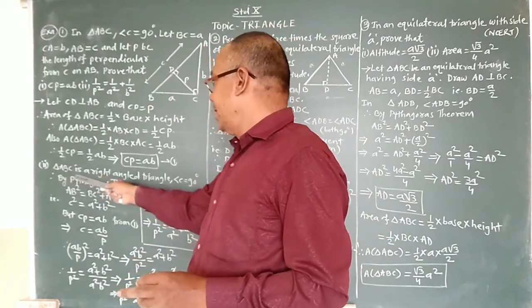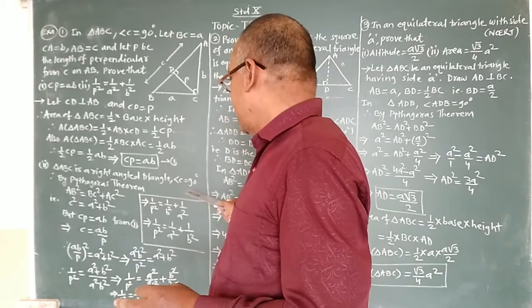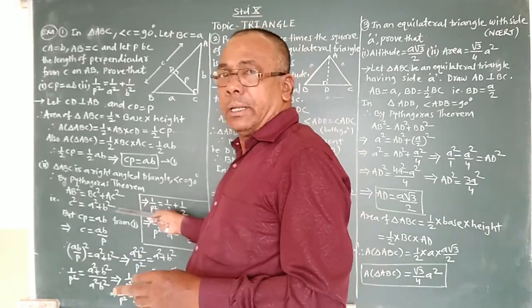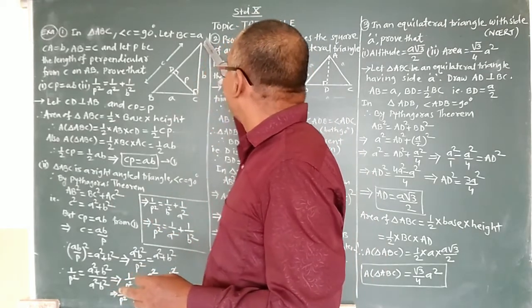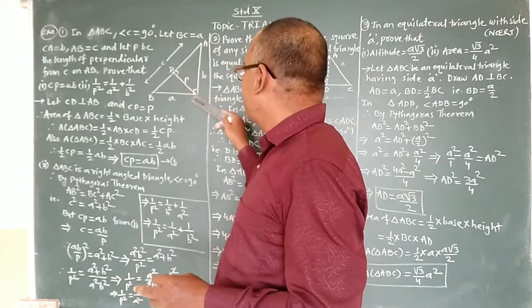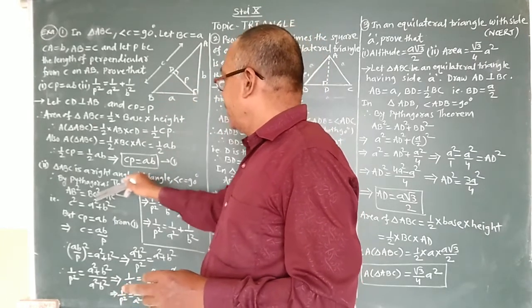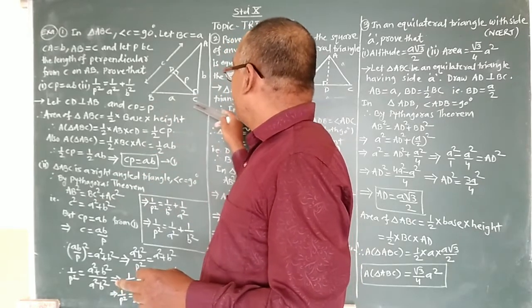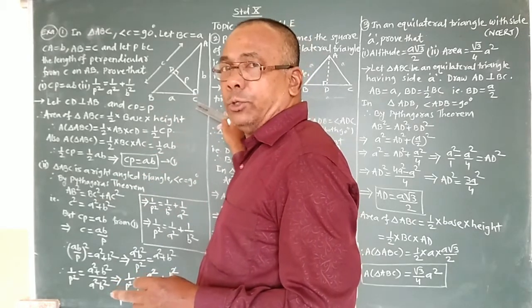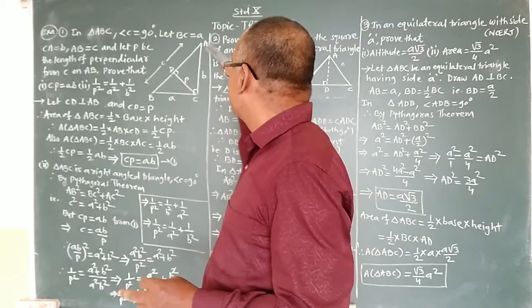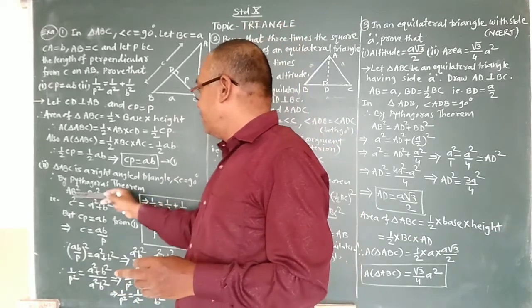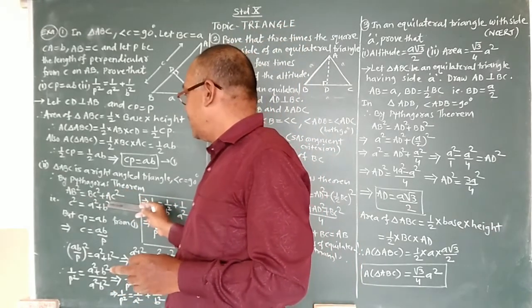By Pythagoras theorem, the hypotenuse, the side opposite to the right angle, AB square is equal to the sum of the squares of the two legs, that is BC square plus AC square.